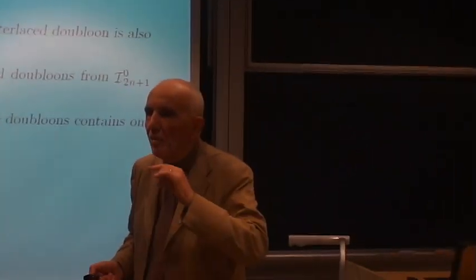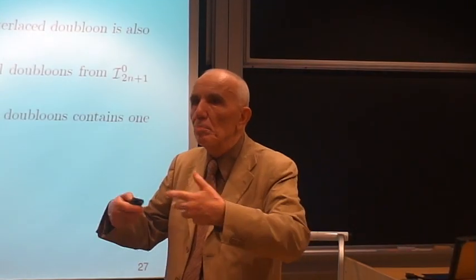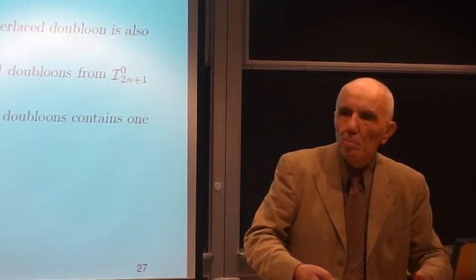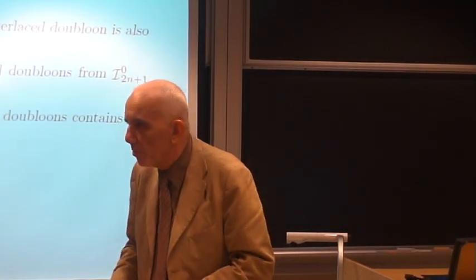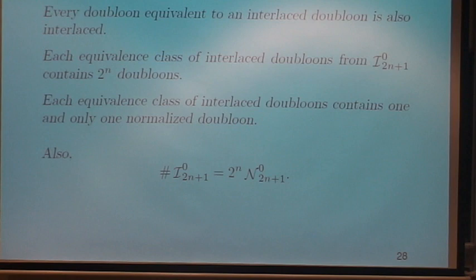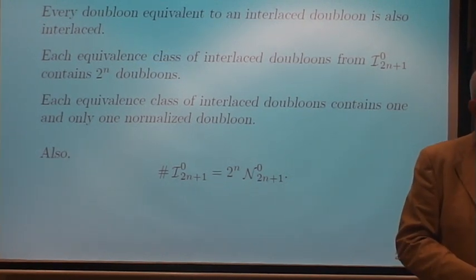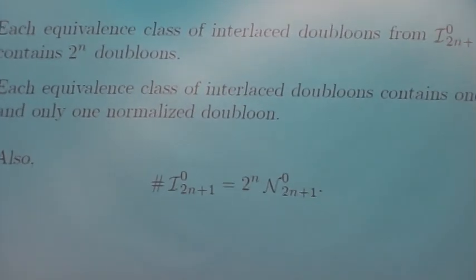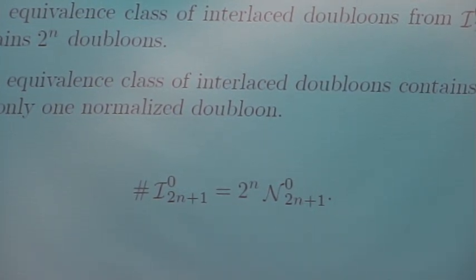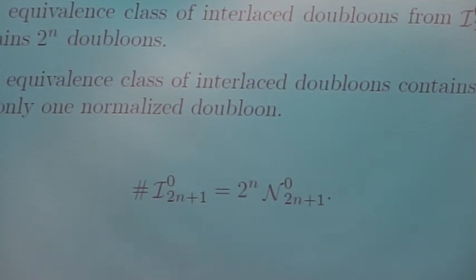It's not quite obvious; we have to sit down and prove it. All this is the normal work of a mathematician proving trivial lemmas. Accordingly, the number of interlaced doublets starting with 0 is equal to 2 to the n times the number of normalized.